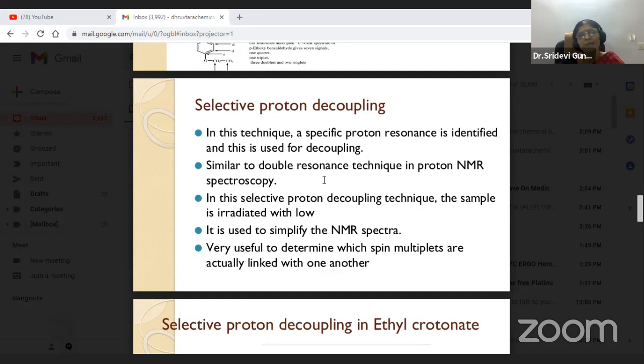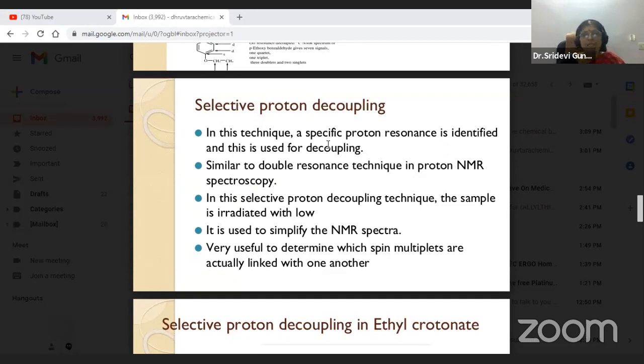When you irradiate one specific proton set, the protons adjacent to it are decoupled, so the spectrum is simplified. The same thing we are doing here, only here we are decoupling protons and observing the carbon signal.